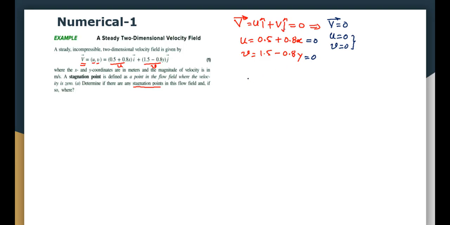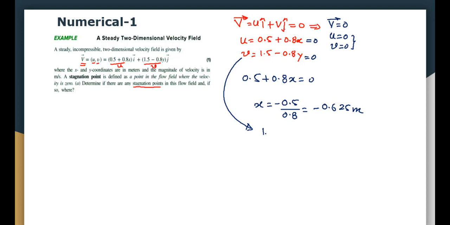Now equating, suppose 0.5 plus 0.8x is equal to 0. That means x is equal to minus 0.5 by 0.8, which is equal to minus 0.625 meter. Similarly for this one, 1.5 minus 0.8y is equal to 0.